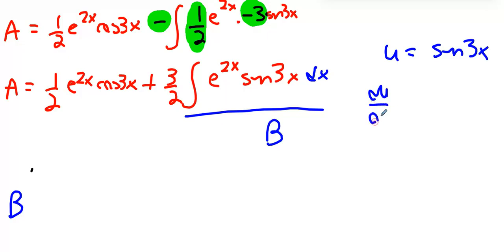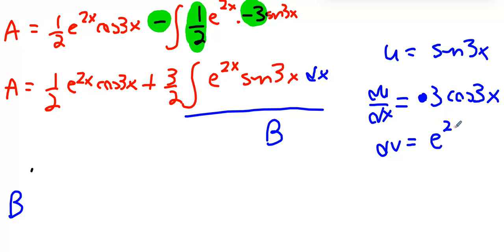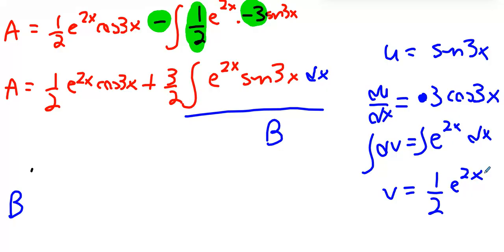The du dx value is going to be minus 3 cos 3x, yeah? What's the v going to be? e to 2x dx, and then integrate both sides. v equals a half e to the 2x. Is that alright?